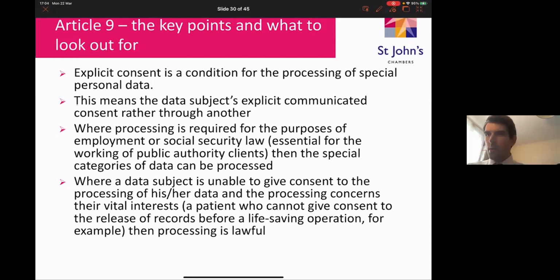And where a data subject can't give consent to the processing of her data, and that data concerns their vital interests, so a patient who can't give consent to the release of records, for example, Article 9.2 would be where you look to justify that processing, and indeed where by definition the subject can't give consent. So again, another example of a situation where you don't need consent lawfully to process data.